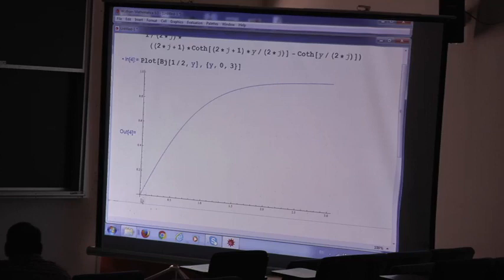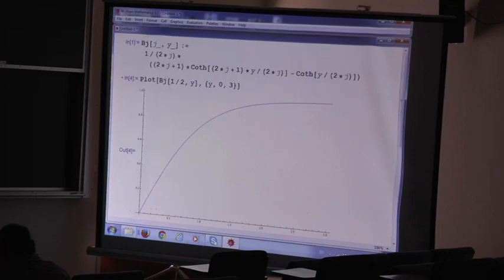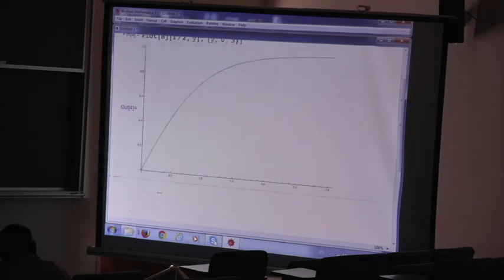Now the slope of this function at this point is what I need to determine. So I can differentiate all of this and put y equals to 0. The other thing that I could do, I could expand this function as a series. So I take the series expansion of this, the variable is y, and I take the first two terms.